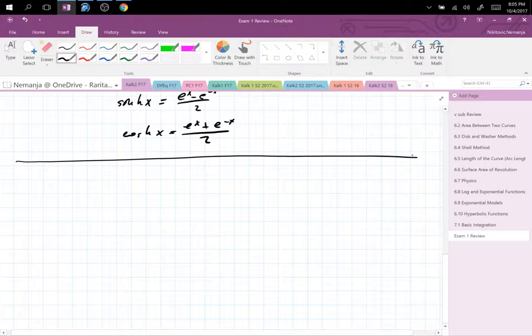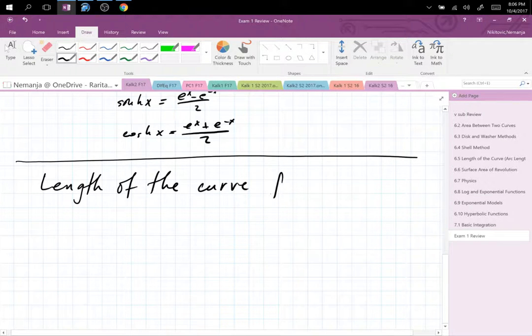The second question is the length of the curve for the function f of x, which is given as 3/4 x to the 4/3 minus 3/8 x to the 2/3 plus 7, from 1 to 27.